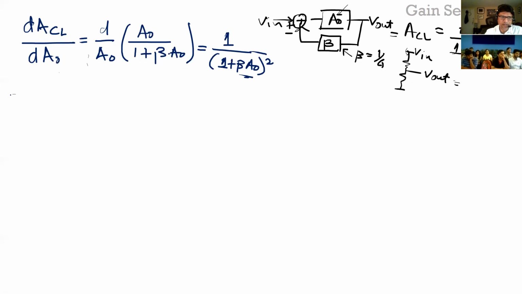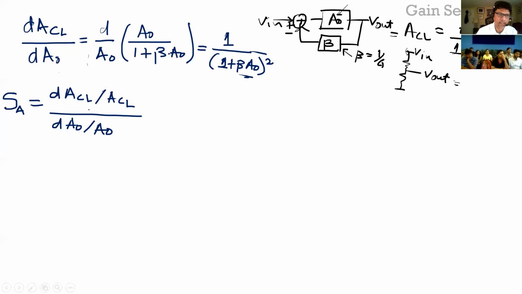So let me define the, I think more sensible, definition of sensitivity: what is the change of the percentage of your closed loop gain when there is a certain percentage change of A naught? So let's say you change this by 10%, how much is this going to be changed?